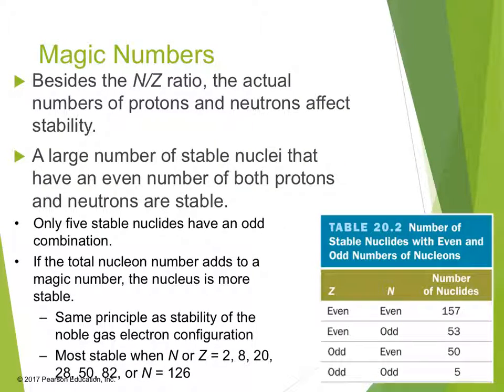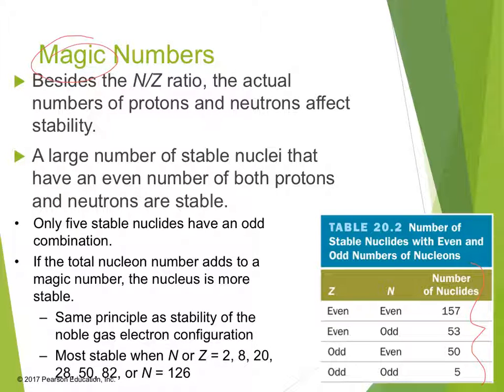Anytime you hear scientists say something about magic, it means they don't understand it. But the only thing I really want to point out at this slide is that in addition to that band of stability, where we know that as the nucleus gets larger, we need proportionally more and more neutrons to stabilize it, there is also an odd phenomenon that certain atomic numbers are just stable, period.